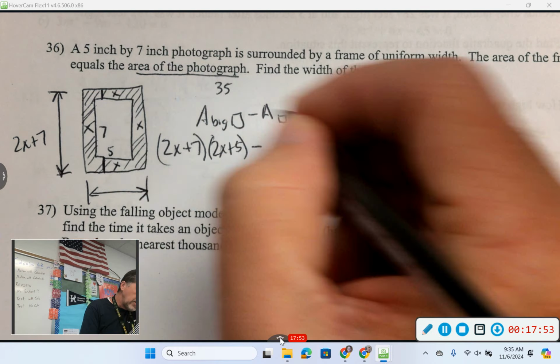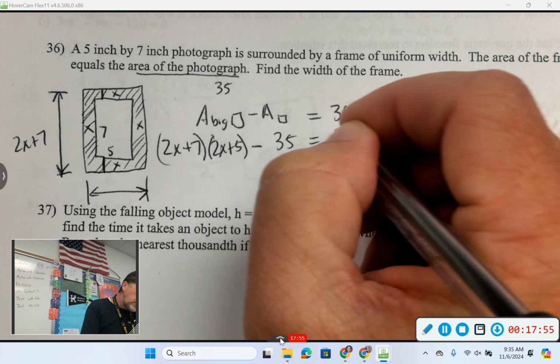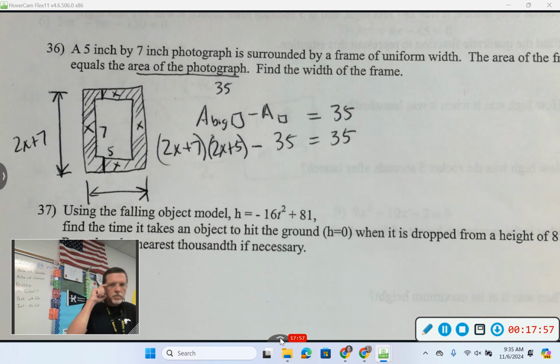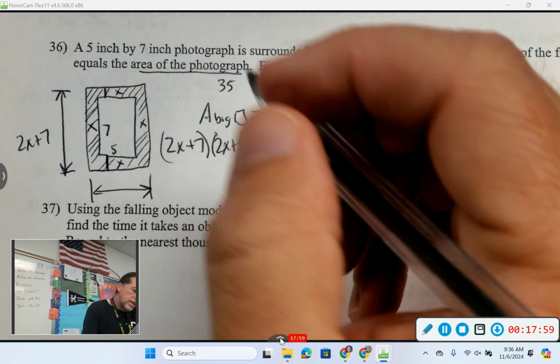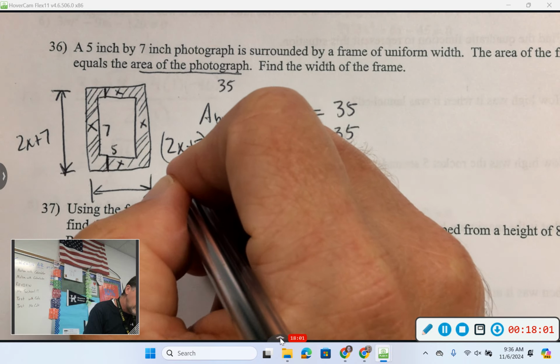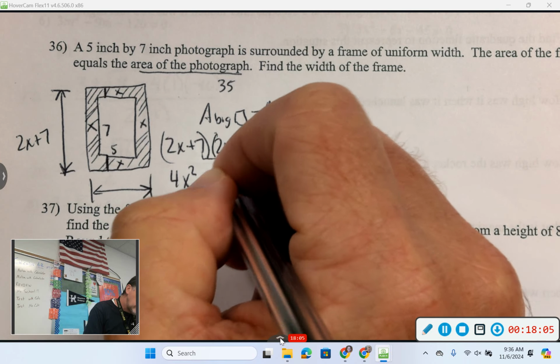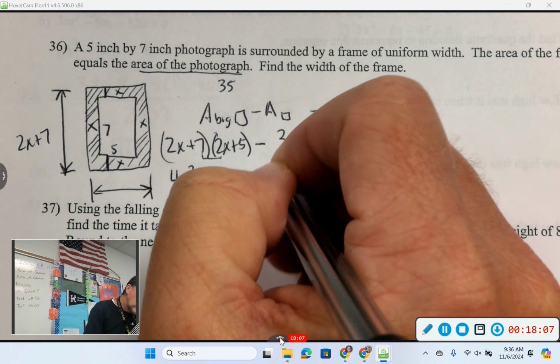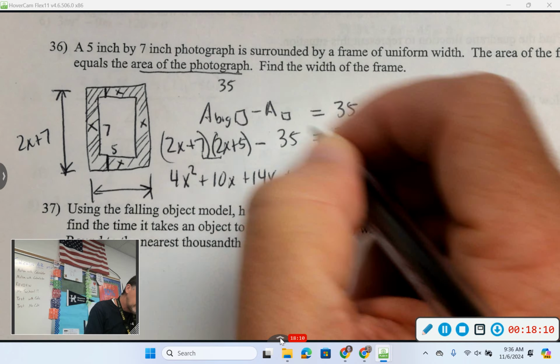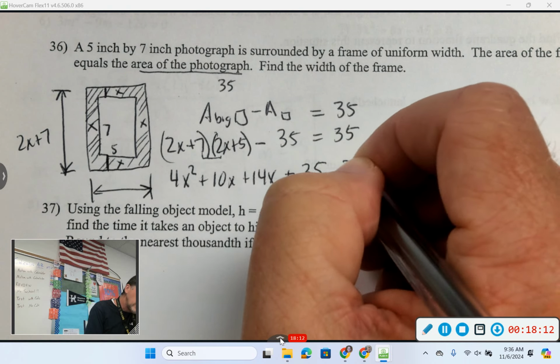And then we already know the inside area is 35. So 4x squared plus 10x plus 14x plus 35. We got 35s all over this problem.